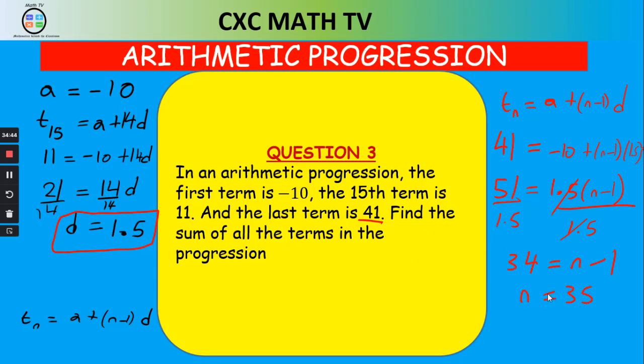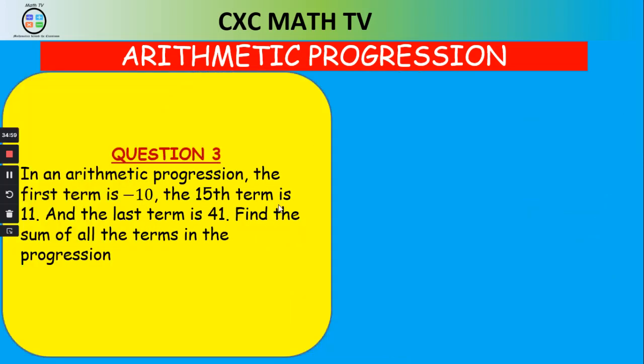Now once you get n equal to 35, they say find the sum of all the terms of the progression. So you can say, remember, Sn is n over 2 in bracket 2a plus n minus 1 times d. Now you put in n as 35. So S35, the sum of the 35 terms, is 35 over 2 in bracket 2 times negative 10 plus 34 times d, which is 1.5.